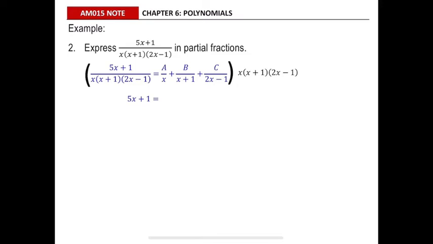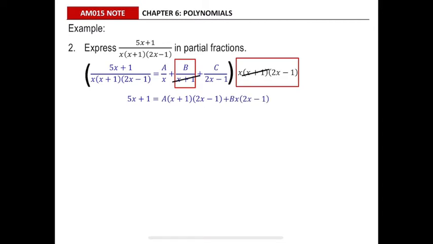Now, when we multiply this fraction with this expression, x is cancelled and leaves A multiplied by (x plus 1)(2x minus 1). Then multiplying this fraction with this expression will cancel the x plus 1 and leave B multiplied by x multiplied by (2x minus 1).